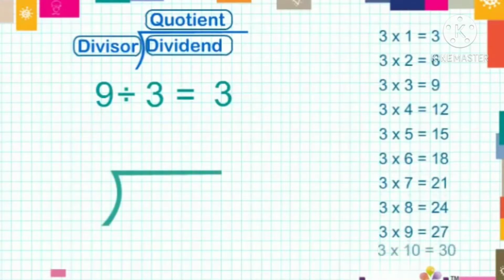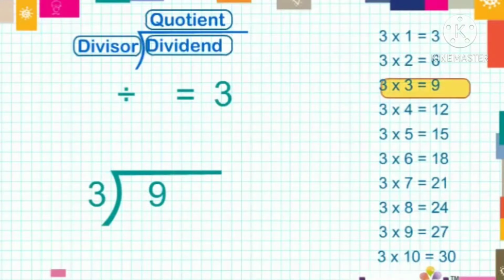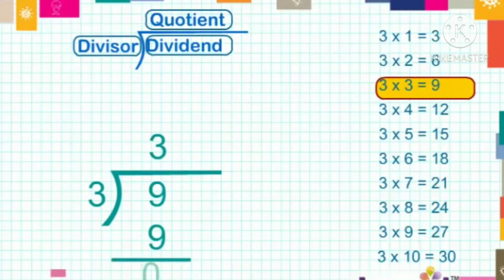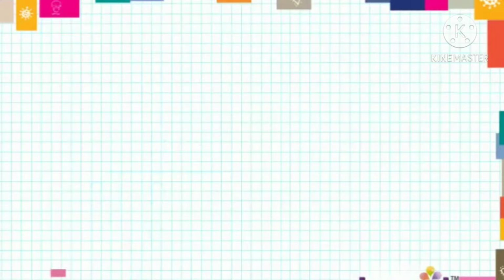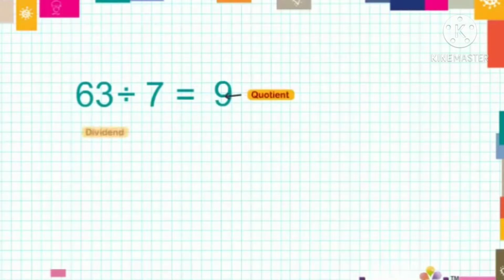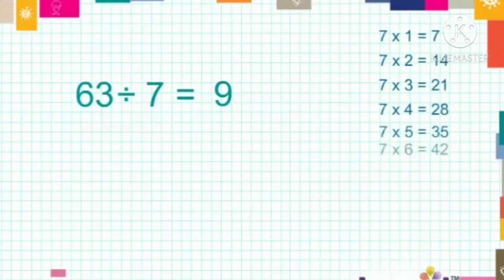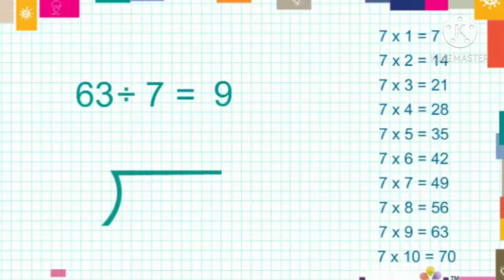We can show this in long division like this. Check with one more example. 63 divided by 7 is equal to 9. We can show this in the long form of division like this.